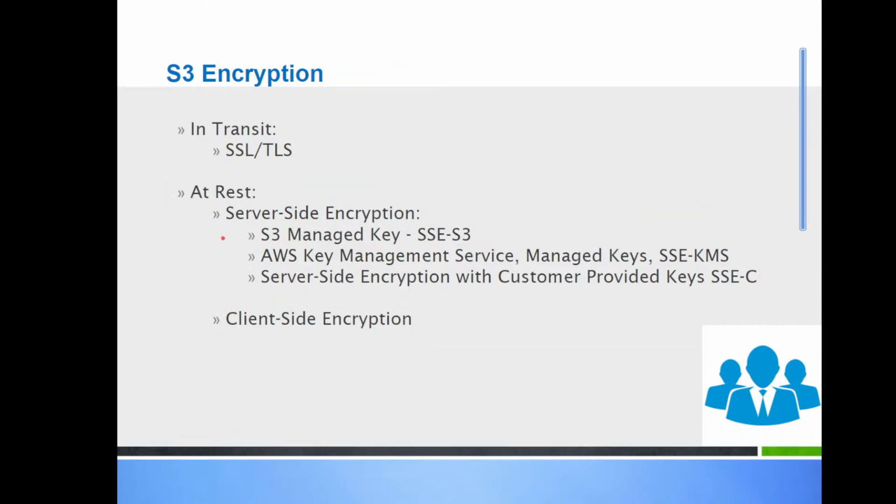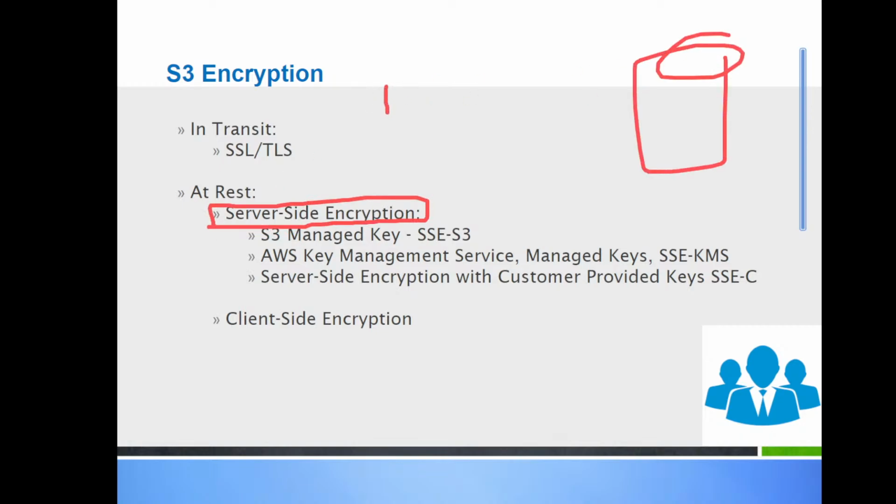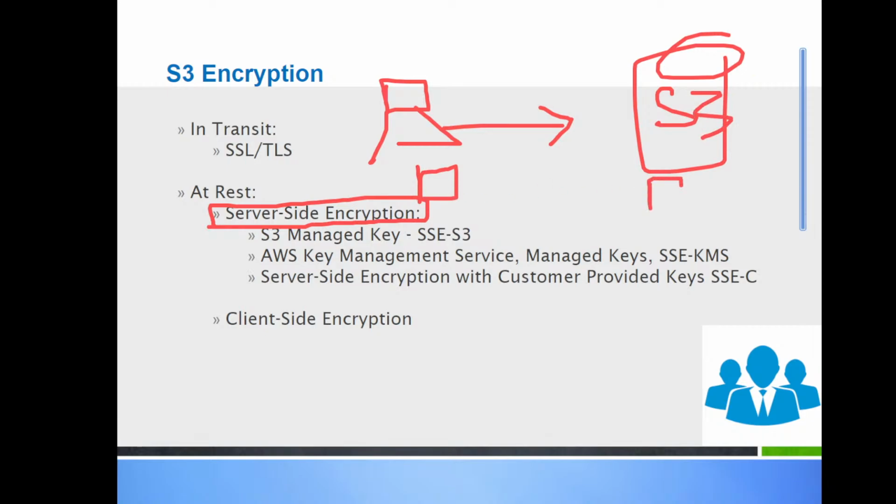Now, second part is server side encryption. Server side encryption basically means after you upload your data from your on premise or from your local system, you are asking Amazon to encrypt your data inside the cloud. This is your own file you have uploaded to S3.